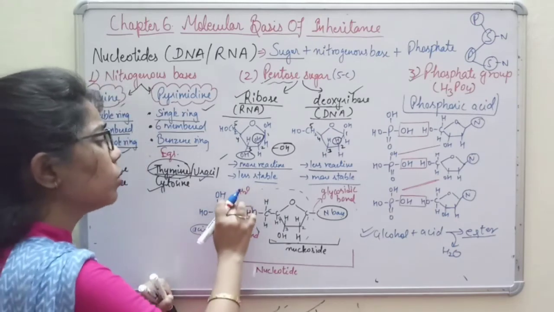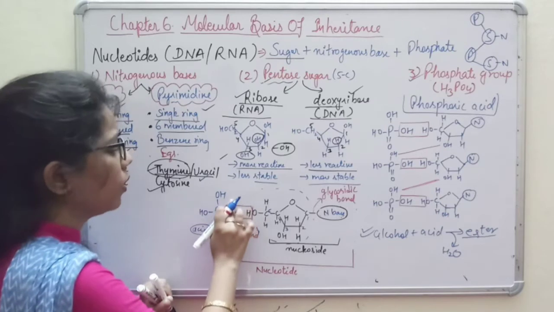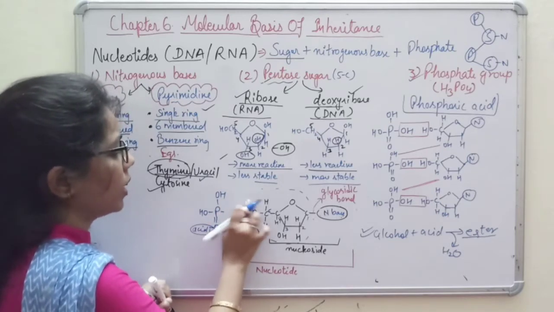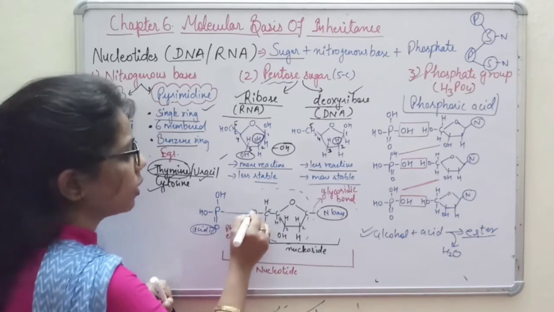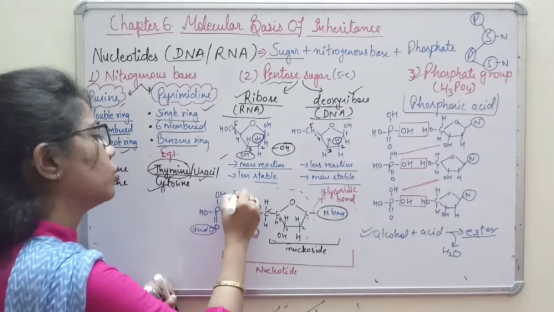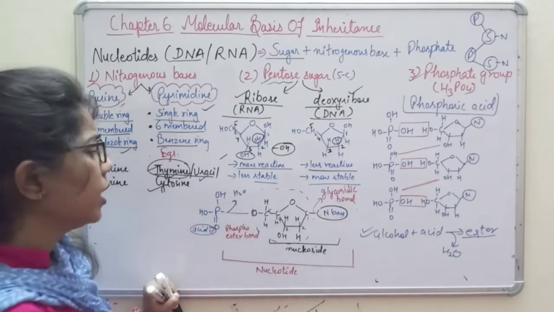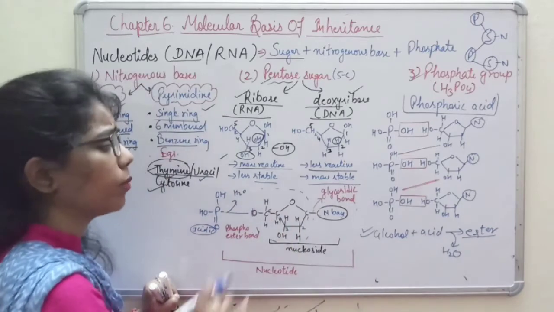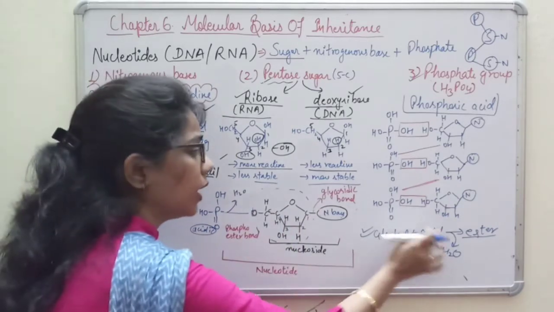And due to this loss of water molecule, there will be formation of one bond. As we have removed it, what is remaining here? This oxygen, and we have removed H2O from here. Clear?